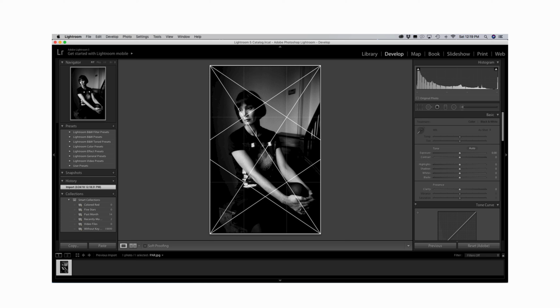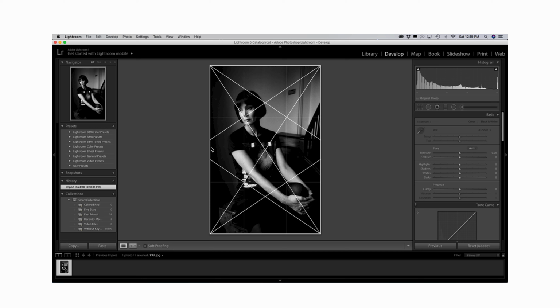Here we have another photograph using these same regulating lines. Notice how they're just different based on the dimensions and format of the image. So the dimensions are going to be the size of the height and the width. And the orientation is going to be whether it's portrait, taller than wide, or landscape, wider than tall.